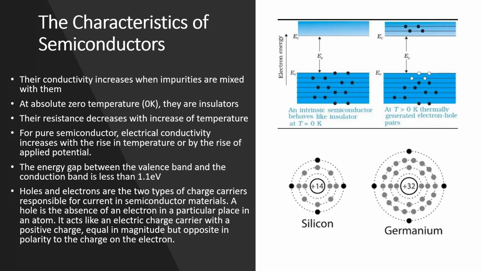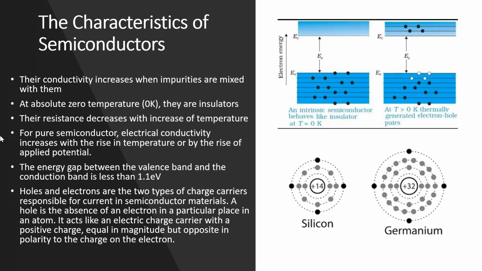But if we increase the temperature, what happens? Because of the higher temperature, their kinetic energy will increase. There will be more frequent collisions. So they cannot freely conduct electricity as they did at a lower temperature. So their resistance increases. This is one point which you have to note.